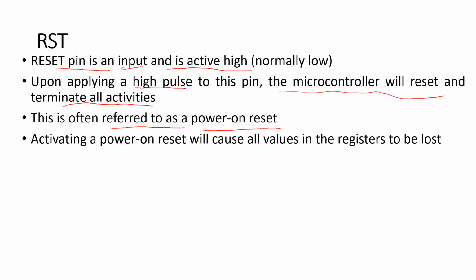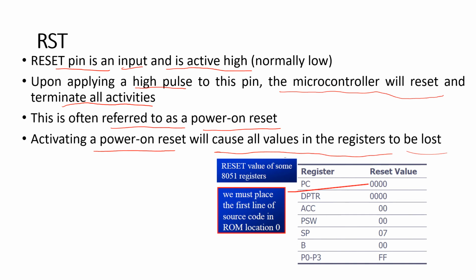Whenever you turn it off and switch it on, your microcontroller will enter into a reset mode and restart. Activating this power on reset causes all the values in the registers to be lost. By default, the register contents will be erased and the value 0 is loaded in all the registers. So reset terminates all the executions at that moment and starts from the beginning.